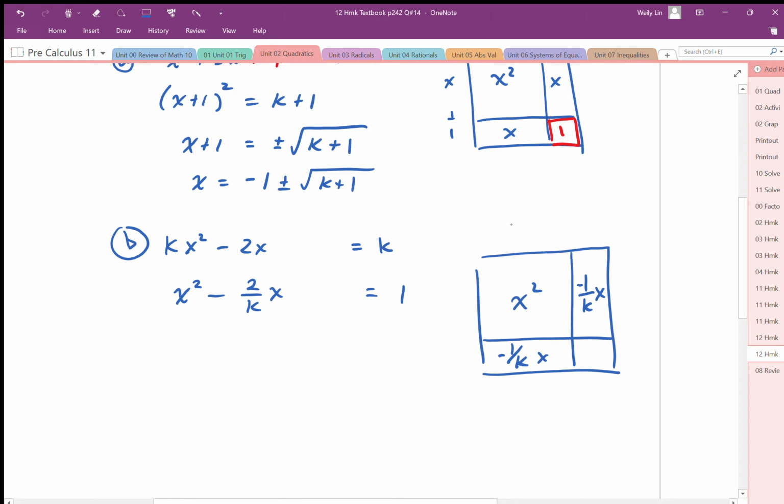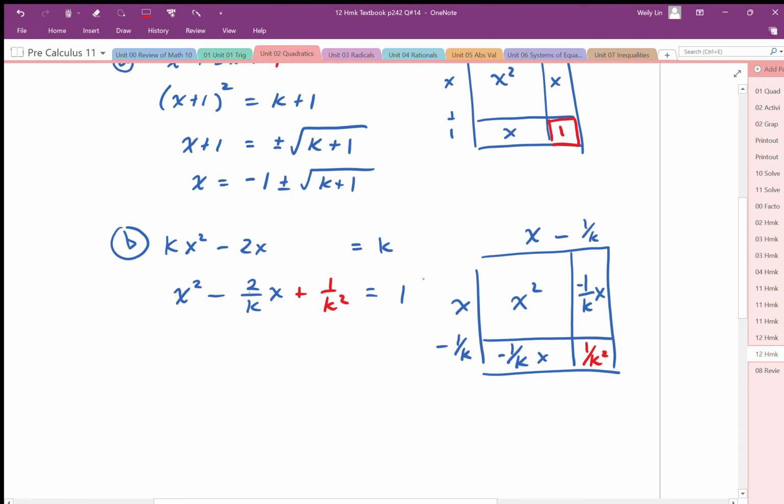And then I can see that to get the negative 1 over k x, I need to minus by 1 over k here. I need to minus by 1 over k here. So I take half of that and square it to complete my square. Okay, so to complete my square, I'm going to end up with 1 over k squared. So half of the middle term squared gives me 1 over k squared.